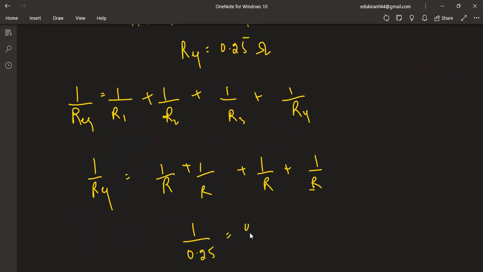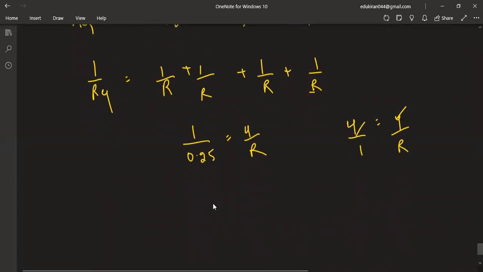So this will become 4 by R. 0.25 is actually 1 by 4 only, and 4 by R. So from here, we can say R is 1.